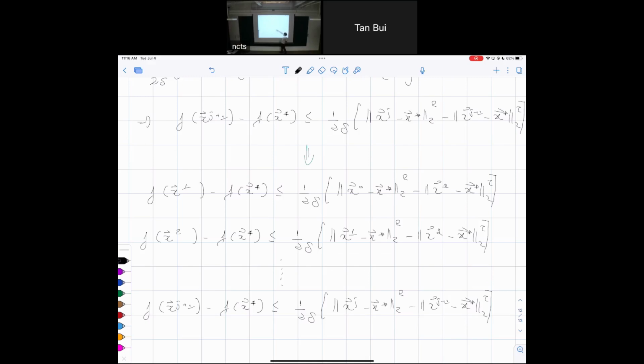So when you look at the new inequality, the first term is canceled by the last term of the previous inequality. When I add them together, this cancels with this, cancels with this, and is going to be canceled out. What I have left is this and this. Everybody agree with me on that? Good.